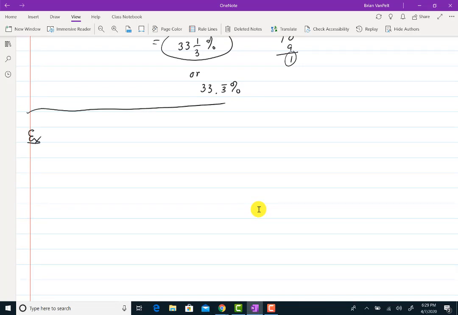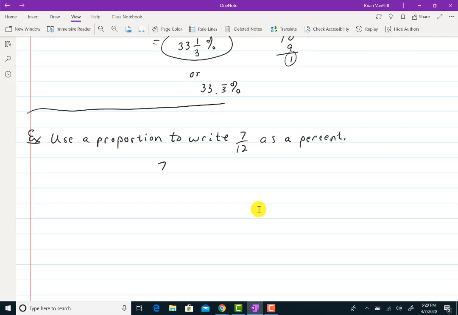Let's do another one. Use a proportion to write 7/12ths as a percent.